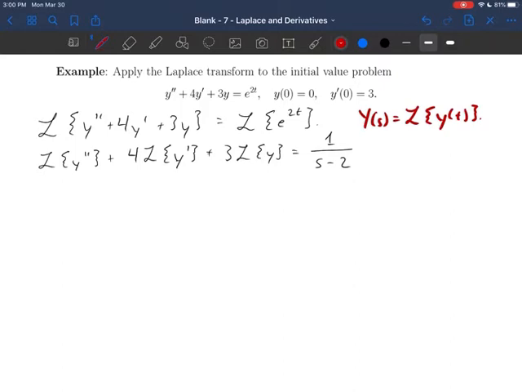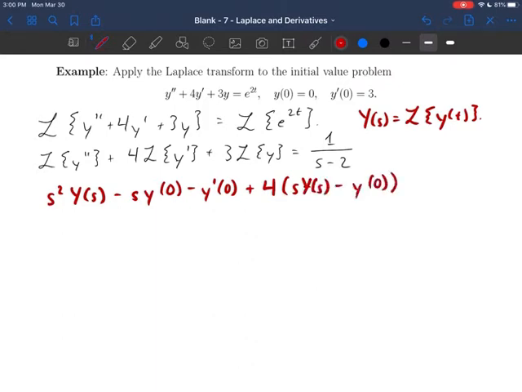Okay, so now we apply the formulas that we have for the derivatives. This is the second derivative of y, so that will be equal to s squared times Y of s minus s times y of 0 minus y prime of 0. The Laplace transform of y prime will have 4 times s Y of s minus y of 0, plus 3 Y of s, and that's equal to 1 over s minus 2.